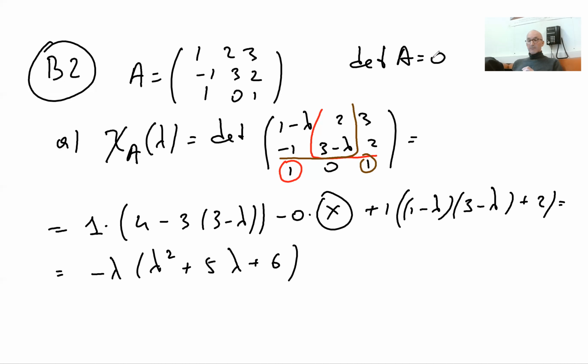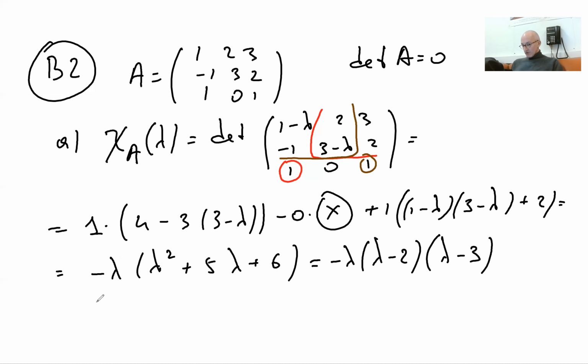So this basically means the characteristic polynomial has no constant term. Yes, so it's divisible by lambda. And then everything is reduced to finding roots of a polynomial equation of degree 2, which we can find using the quadratic formula, or we can just see that this polynomial factorizes like this.